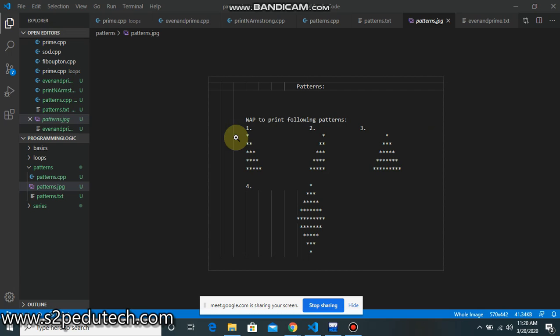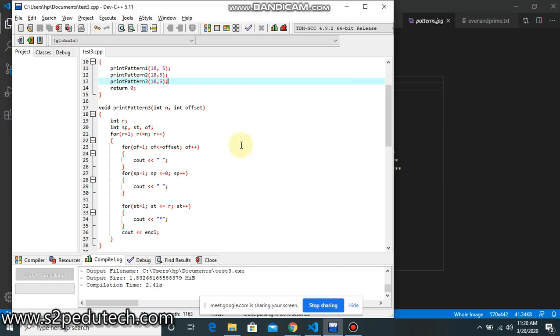Now when we are looking at the third pattern, the loop or the condition which we require for spaces is the same as the one which we required for our second pattern, that is n minus r. So let us first change it to n minus r.